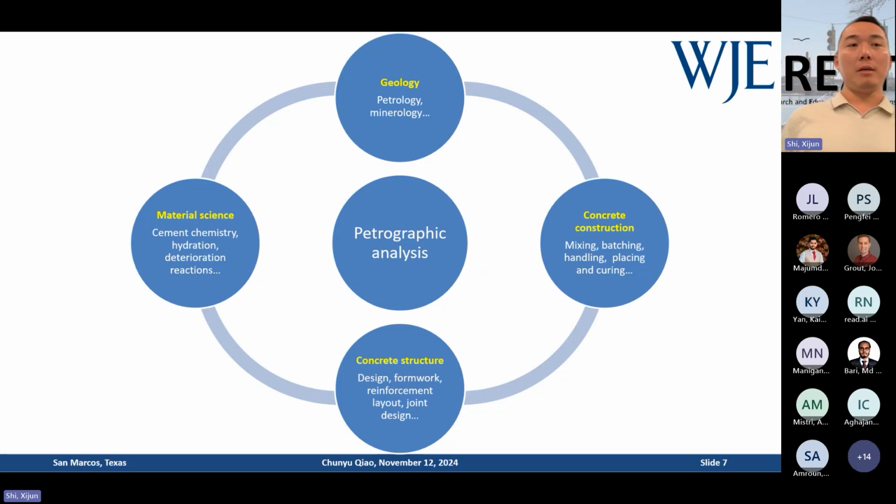Also, as part of structural forensics, we are team players in the lab. So you have to know some basics about concrete structures, especially since different structures, dimensions, and exposure conditions can make a huge difference in the performance of concrete, even though it has the same or similar constituents.